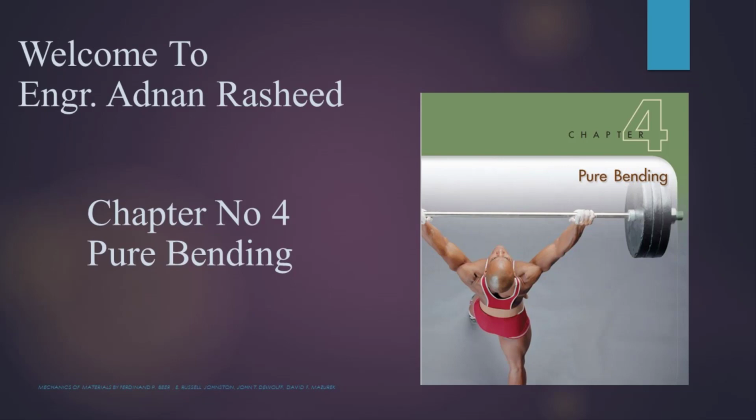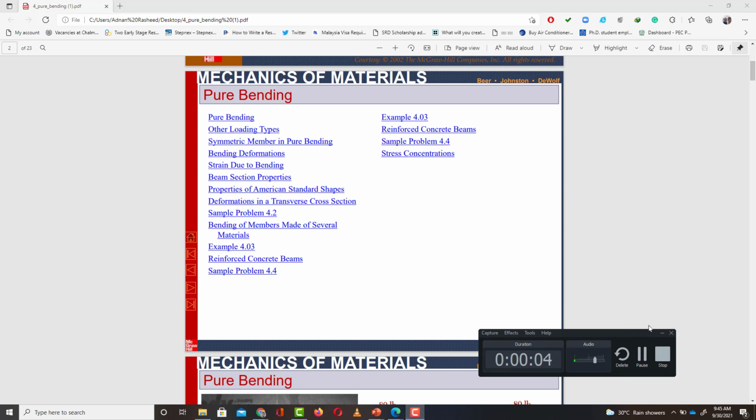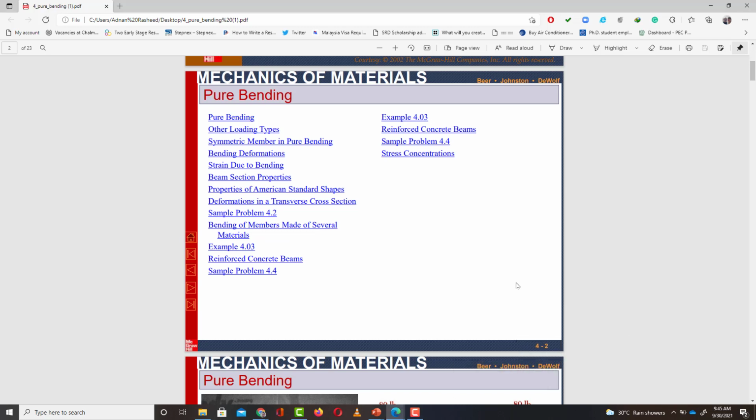Okay, let's start with chapter number 4, that is about pure bending. In this chapter we will discuss what pure bending is, other types of loading that are applied on the beam, then symmetric members in pure bending, then bending deformation, strain due to bending, and then we will briefly discuss beam section properties, properties of American standard shapes, and deformation in the transverse section.